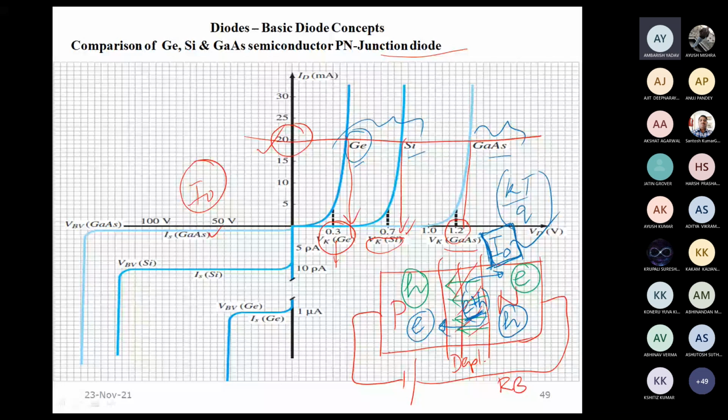Then comes silicon, and then germanium. In germanium, it is easiest to break the covalent bonds, and the mobility of the electrons is also large. So in the reverse direction we can see the large current for germanium and the least current for gallium arsenide.